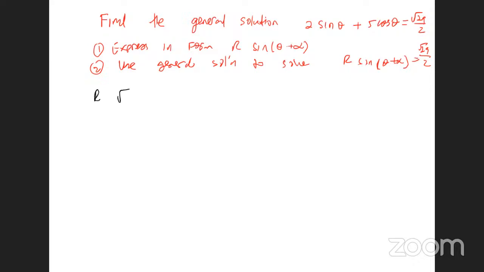So we have r: 2 squared plus 5 squared, so that's root 29. Oh, that's what they gave, root 29. Oh, that was clever. Right, alpha. It's up to you. You could write it and compare it. It's a good habit to compare it.